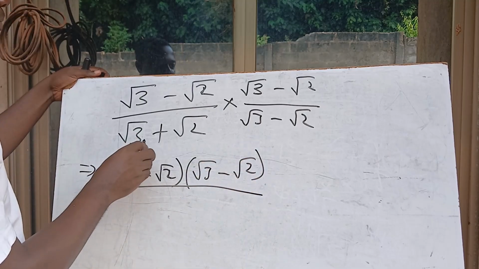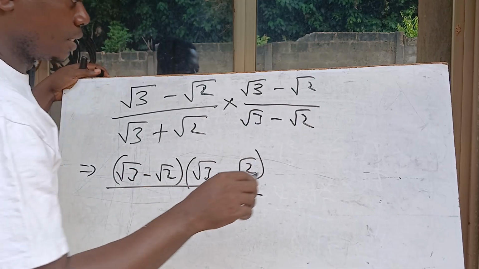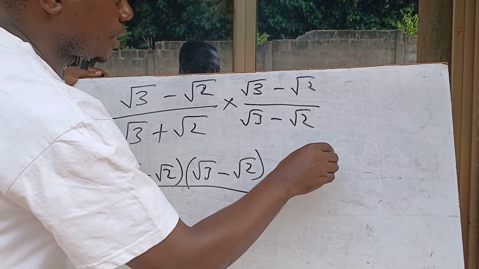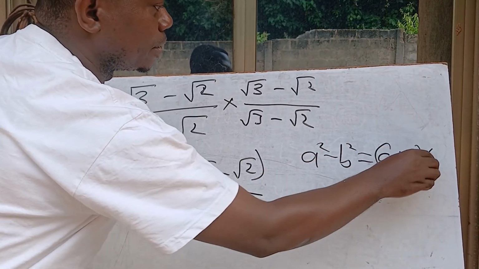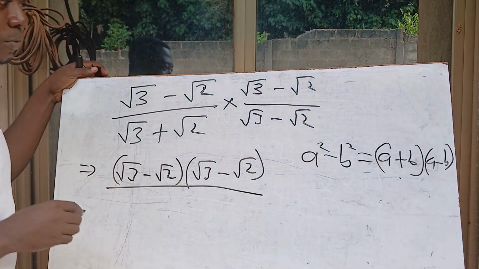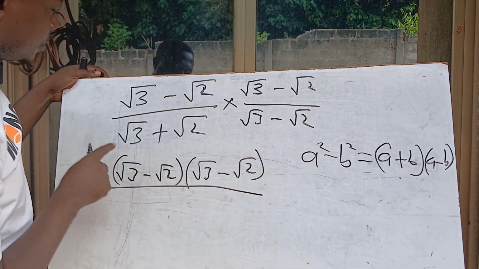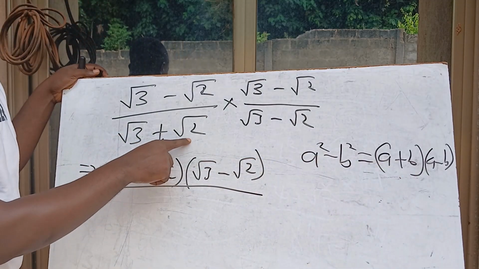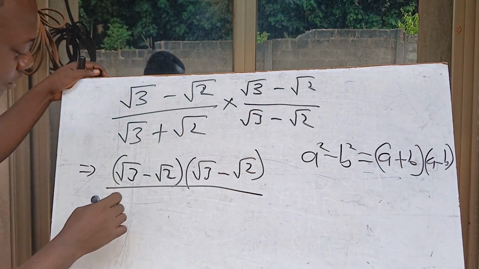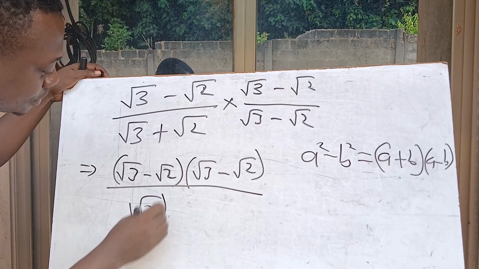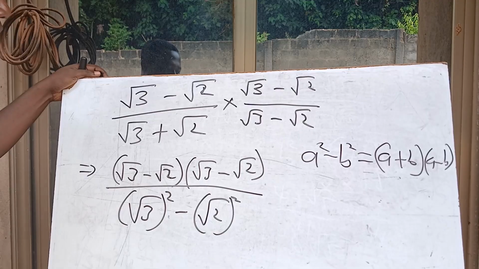So remember the difference of two squares: a squared minus b squared equals a plus b times a minus b. Since the denominator behaves like a plus b, and we multiply by a minus b, that will be square root of 3 all squared minus square root of 2 all squared.